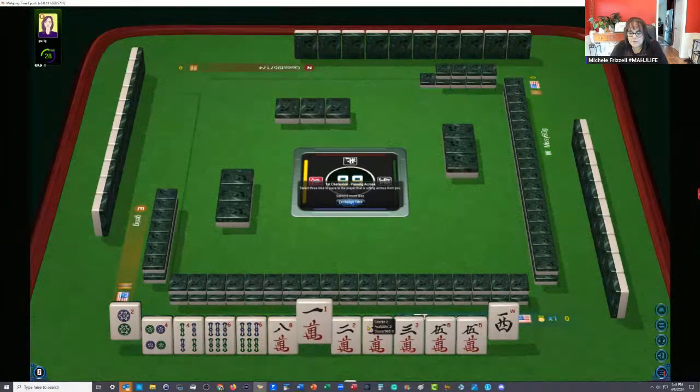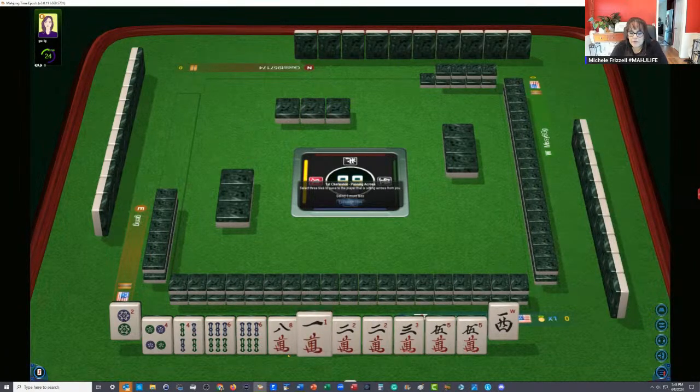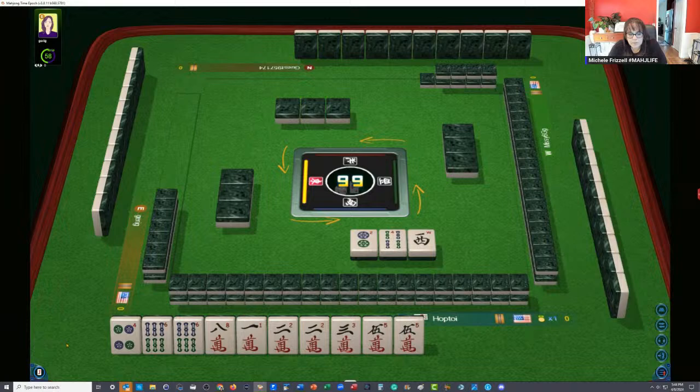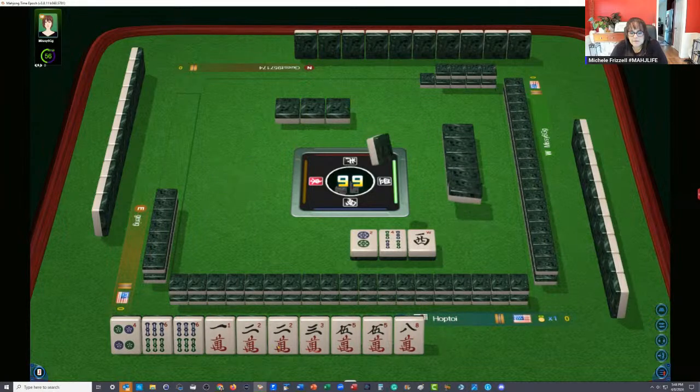We have pairs of 2s and 5s. I think I would rather use those. Let's see, 3, 5, 4, 6, 2, 4, 6, 8. Oh my gosh, this is a tough one. There's no gaps there, but it's just super weak. All right, here we go. We can't keep them all. All right, we're gonna let the 8 go next.